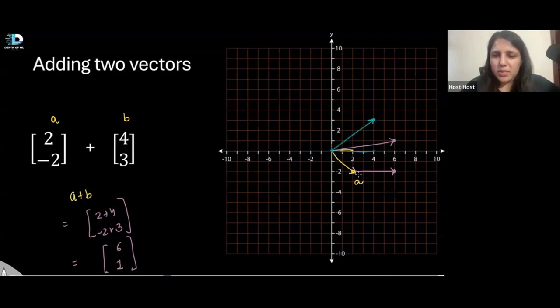You can just place this (4, 3) at the end of A, and you will reach the same point. This is my B vector, and this is also my B vector. So I did nothing; I just took this vector and put it at the end of where A was ending, and I got the resulting vector, which is C. Fine.